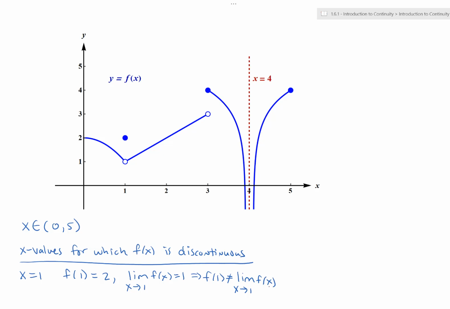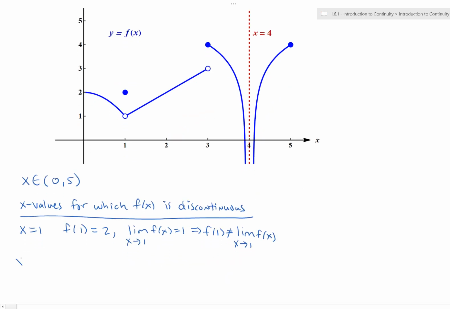Now you keep traveling along from x is 1, and we get to 3, where we see another problem spot. Focusing in on x is 3, another discontinuity, we can see that the function, again, is defined. It's that location right there. f of 3 is equal to 4. But what about the limit as x goes to 3?